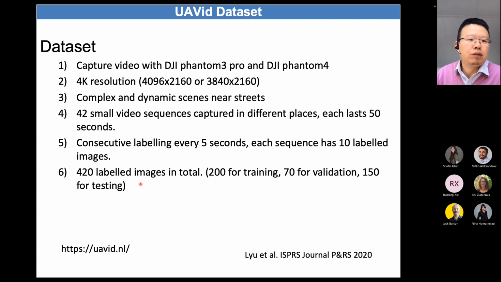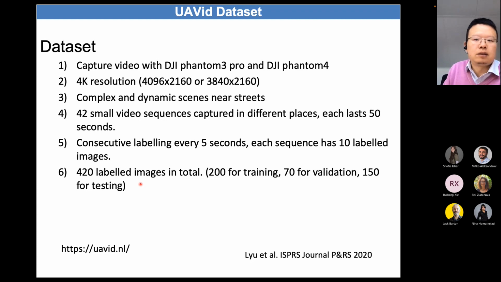In the end, we have 42 small video sequences in different places, each around 1 minute or 50 seconds. Every 5 seconds, we label the frame, giving the ground truth labeling. In the end we got 420 labeled images, and we split them into 200 for training, 70 for validation and 150 for testing.